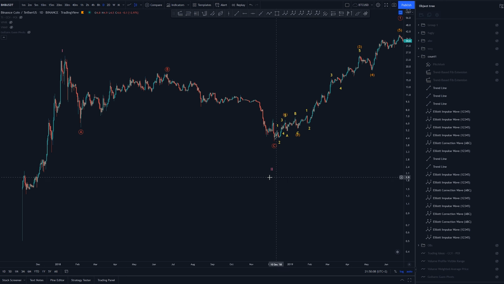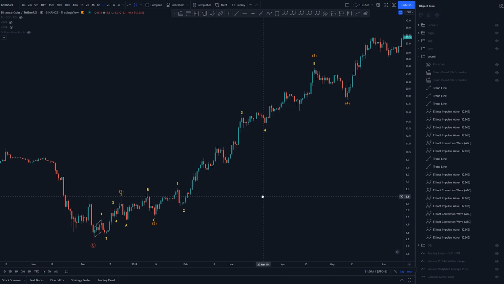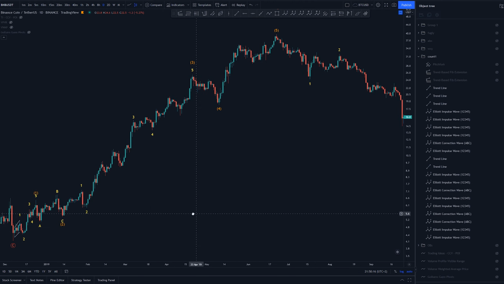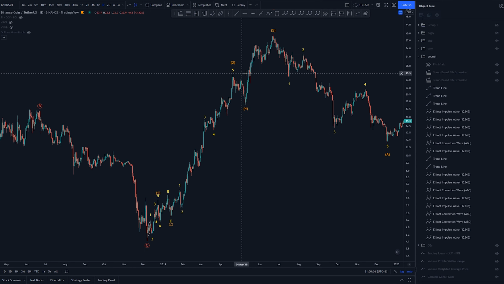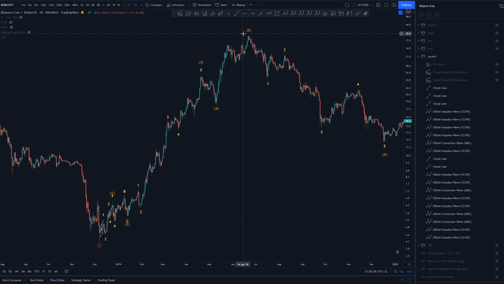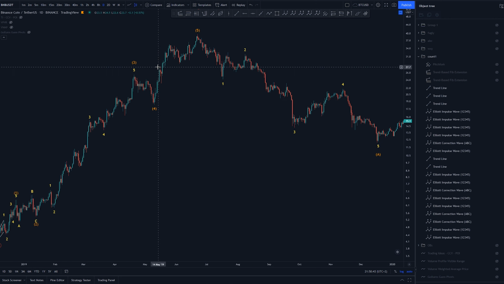So this was the ABC into the 2, and here we got 1, 2 of intermediary, then starts these really long wave structures with minor degree into 1, 2, 3, 4, 5 of the third of the intermediary, 4 and 5. Now it is a bit debatable where you place the 5th or 4th here, since you really can't get a really nice structure here.